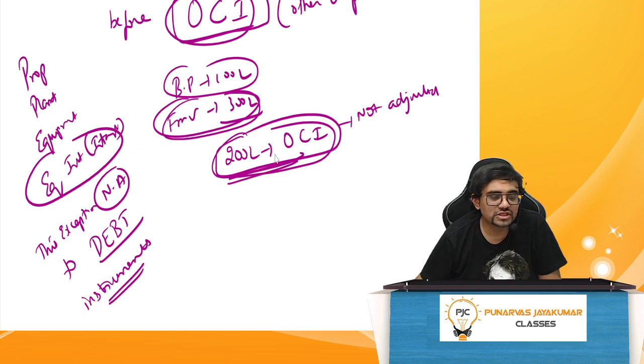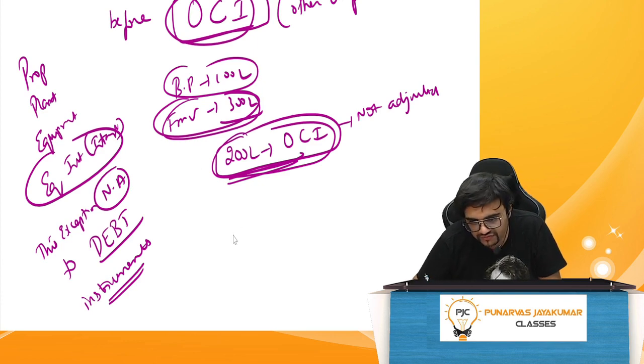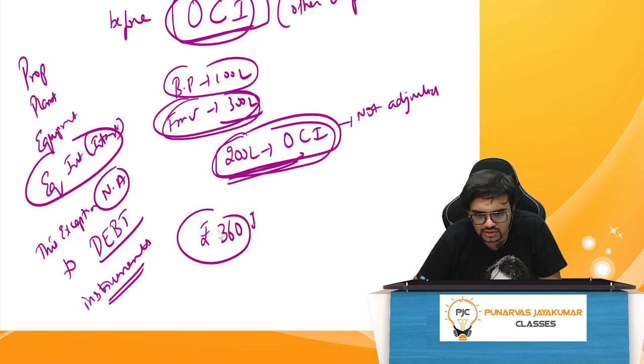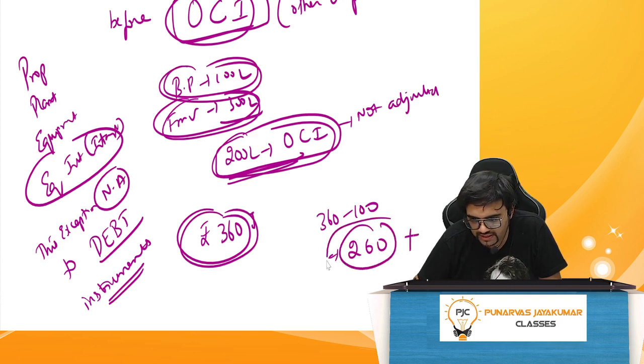But when it is an equity instrument, it's not to be added. Why, guys? Because it doesn't mean it will never be added. Tomorrow, if I sell this entire share for, let's say, 360 rupees, what is the book profit? 100. What am I selling it for? 360. So 360 minus 100, that is 260. This will be added later.